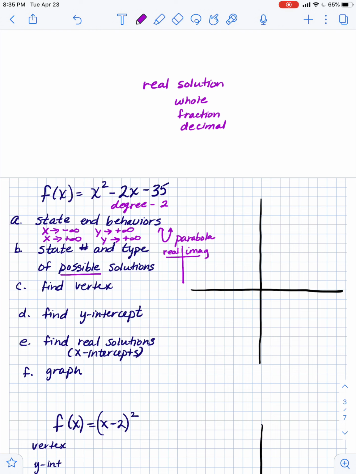Those decimals are whether they are terminating, like 0.5, or whether they're non-terminating or repeating, which might be like 1/3 or 0.3 repeating, or they could be something like your square roots, cube roots, or whatever that are not perfect. So that would be like the square root of 2 or the square root of 5 or maybe the cube root of 2. So all of those are real solutions.